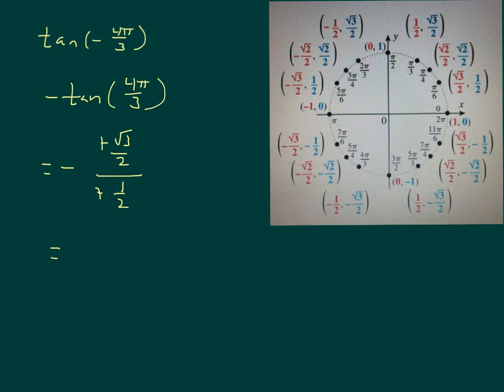So that's going to be the opposite, negative of the square root 3 over 2 over positive 1/2. And now because we're dividing by 1/2, that is going to be negative square root 3 over 2 times 2 over 1. The 2's drop off, and so I'm going to get a negative square root 3. So the tangent of negative 4 pi over 3 is going to be a negative square root 3.